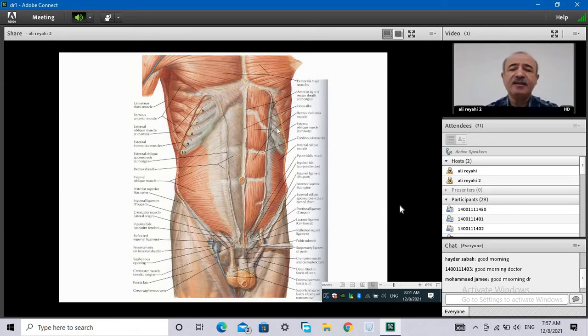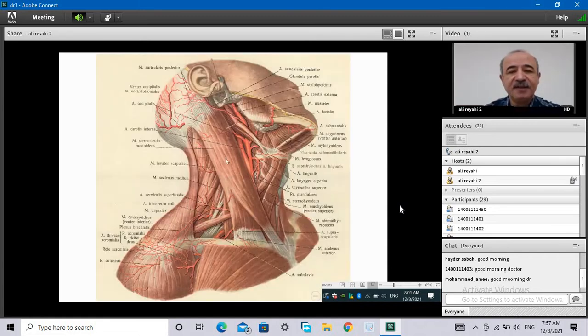Or this muscle, according to the direction of the muscle fiber, rectus abdominis. Or in the lateral wall of the abdomen, obliquus externus, obliquus internus, according to the depth of the muscle.